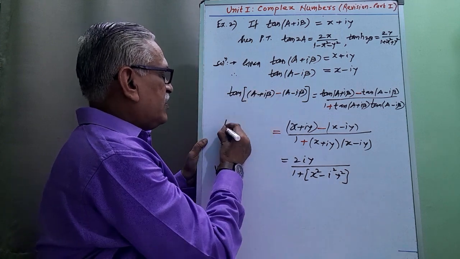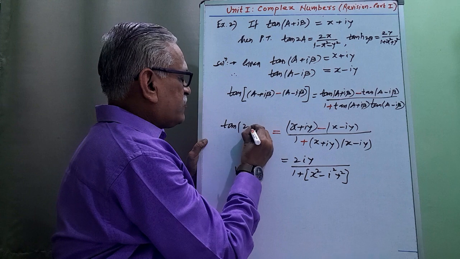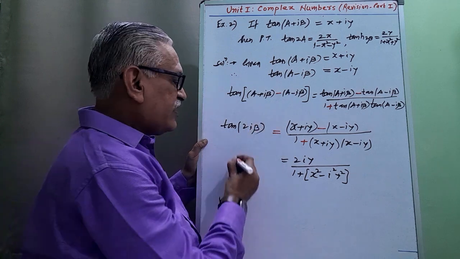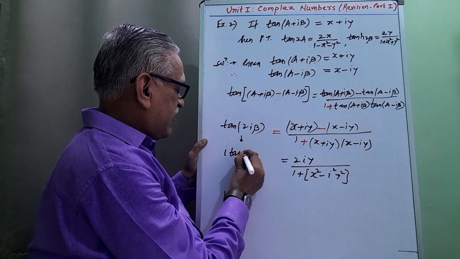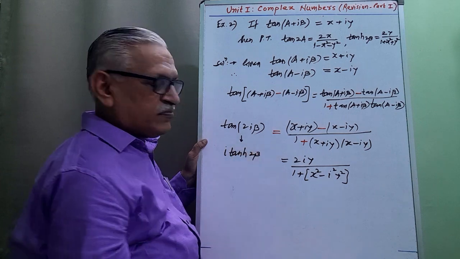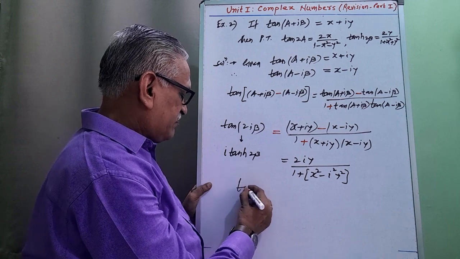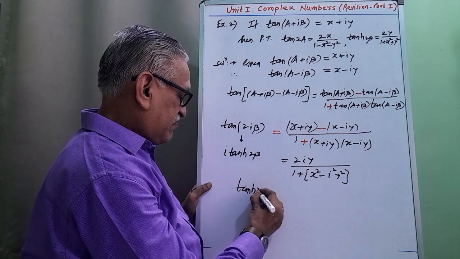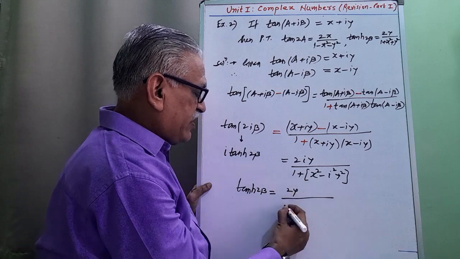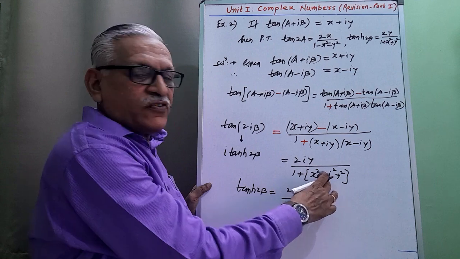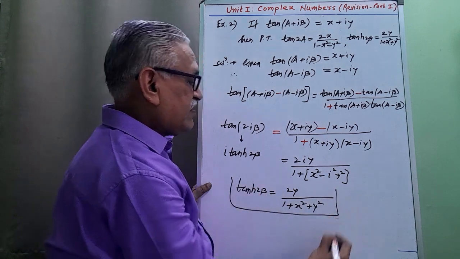And the left-hand side is tan of a gets cancelled, plus ib, we get 2ib, and then one standard result from complex numbers, tan of ix is i tanh x, and therefore this i gets cancelled, we get tanh 2β, 2b is equal to 2y whole divided by 1 plus x square. i square is minus 1, minus minus becomes plus y square. Our required second result.